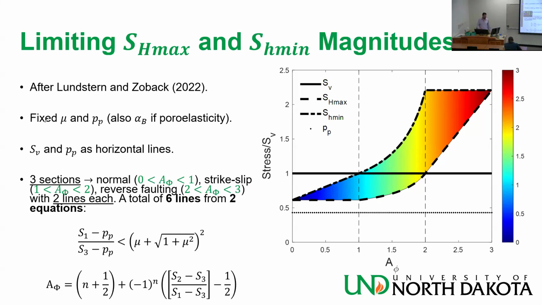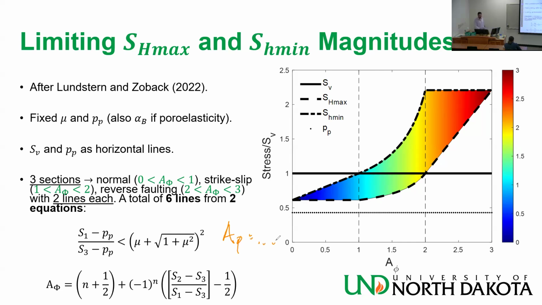Okay, you have the values of SV, SH max, and SH mean of FWB, right? I gave them to you. So in this graph, we can represent the three stresses with a triangle. No, with just one line, because you can calculate alpha phi for FWB as a certain value.